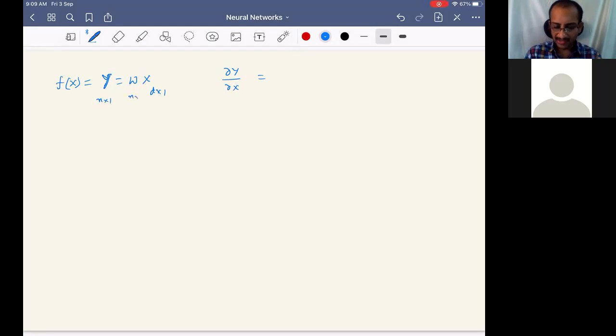W is n cross d, right? This we have seen; I'm not bringing something new. I will discuss something on top of this. So dou y by dou x, what dimension do you think it will be? n cross d, and this is equal to w.